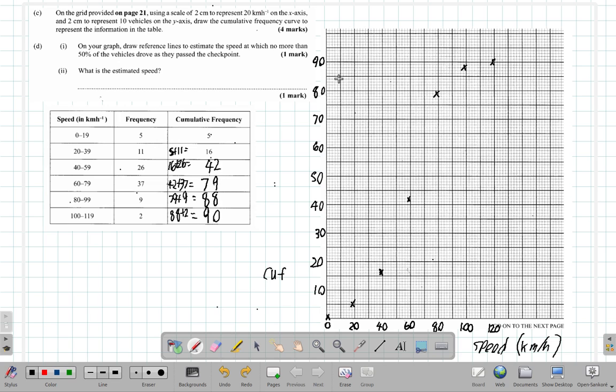Now what do they say? Draw the cumulative frequency curve. So you do your best to draw a smooth curve through these points. Oh my, I had gone a little too high here. Let me redo this part of my curve.